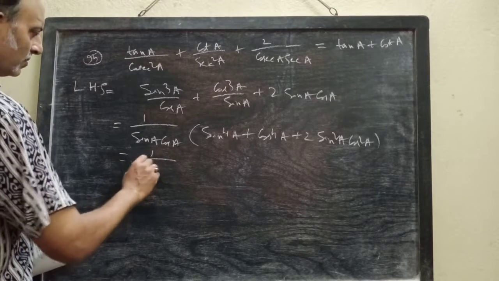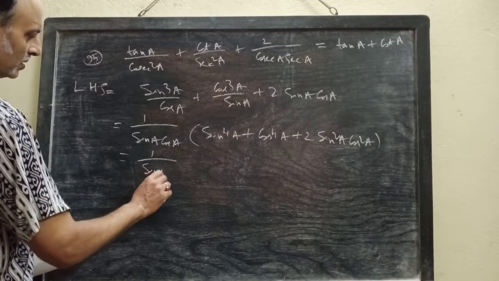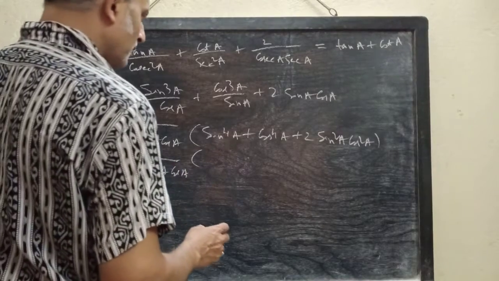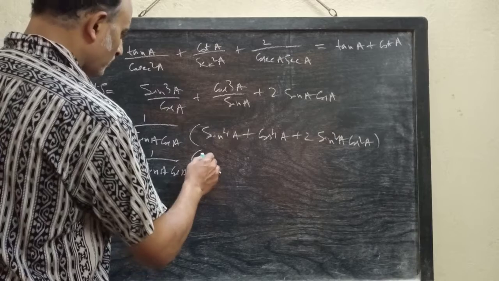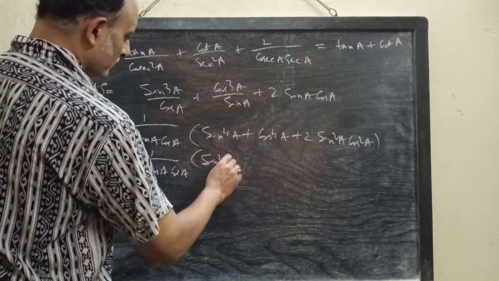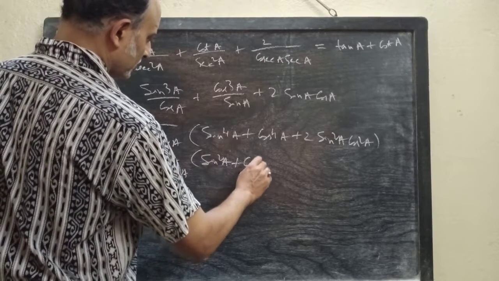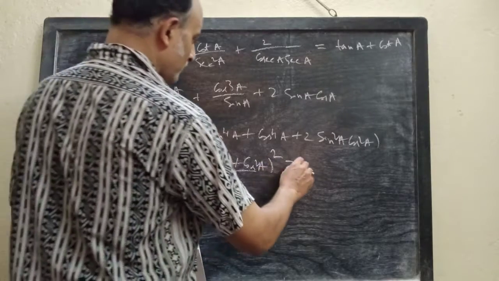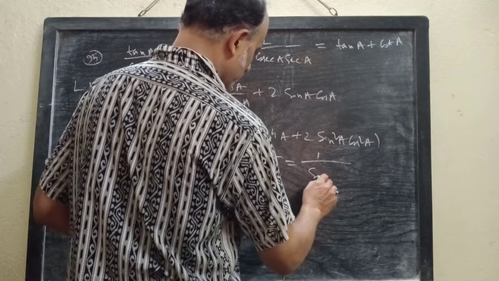This is 1 by sin A cos A, and this becomes sin square A plus cos square A whole square. This is 1, so ultimately this becomes 1 by sin A cos A.